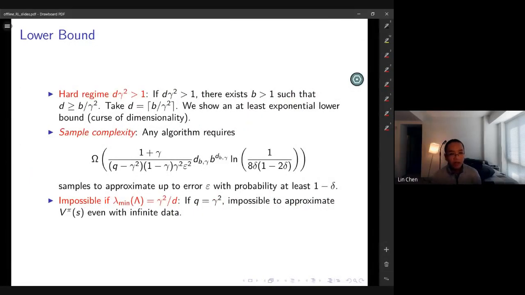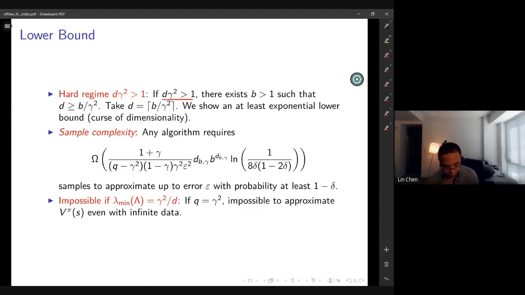So this lower bound, this result identifies a hard regime, D gamma squared greater than 1. If D gamma squared is greater than 1, then there is this B greater than 1 such that B is greater than or equal to B over gamma squared. Then we can take B to be the ceiling of B over gamma squared.